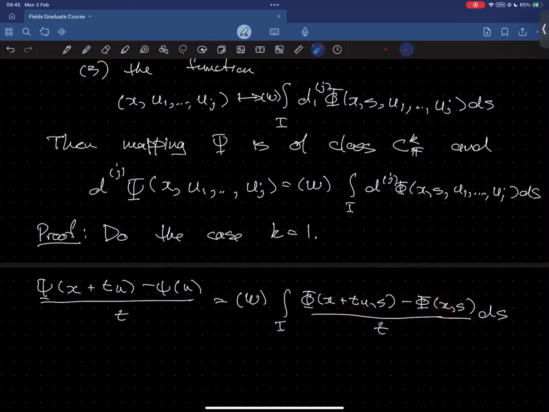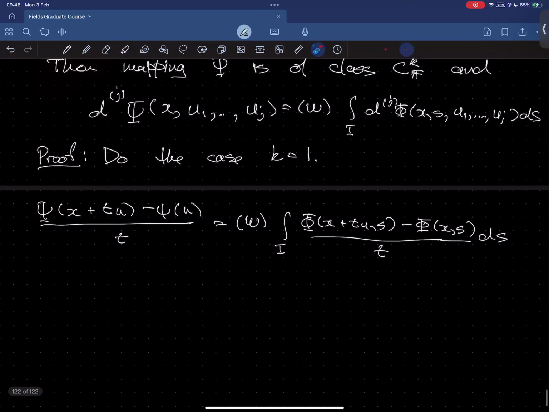There's a little step that I've left off here that often gets left off, and that is you're going to work in a small enough neighborhood, so small enough t's so that the straight line path from x to x plus tu remains inside O. You can always do that because O is open. So if you make t small enough, you can be sure that that straight line path remains inside O. So I'm leaving off that little tidbit.